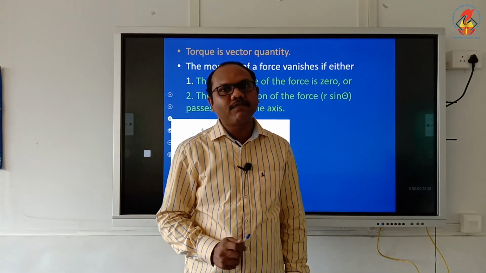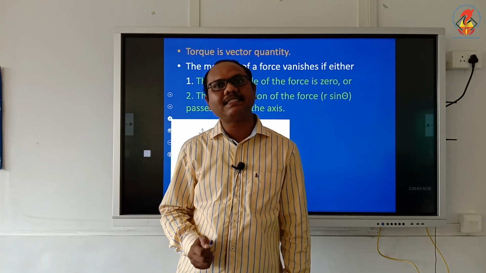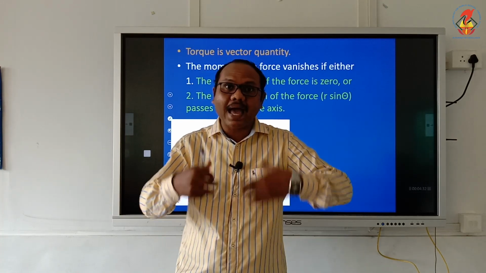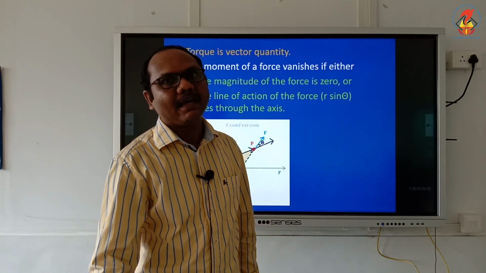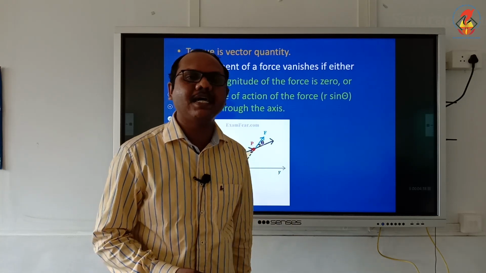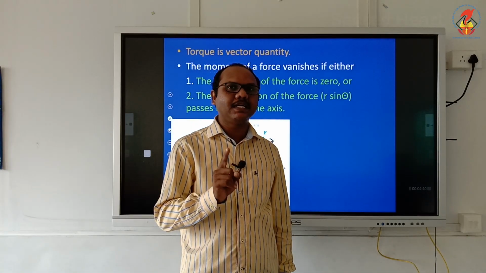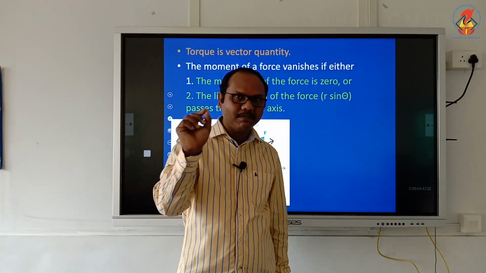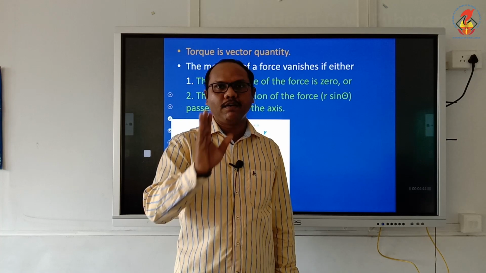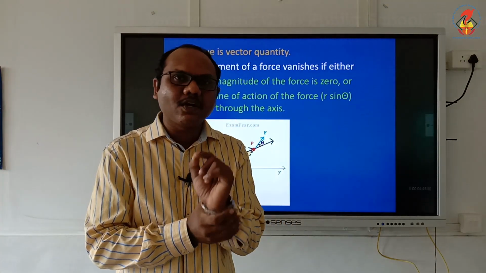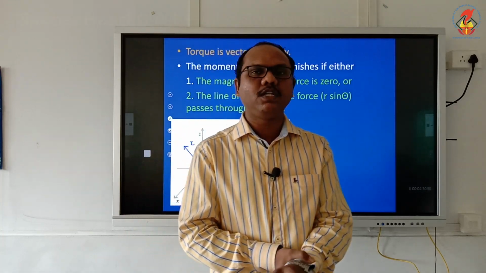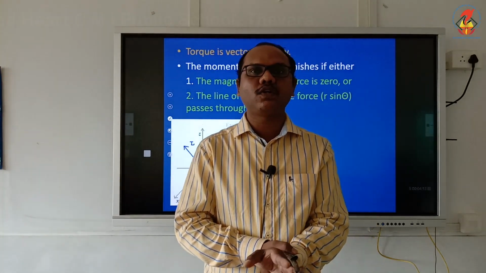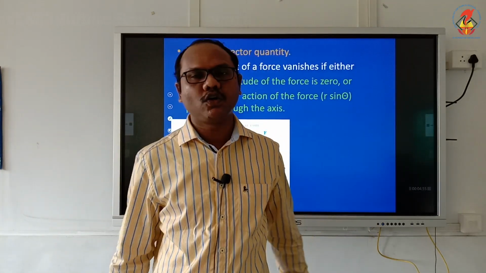That means if the body is rotating in the anti-clockwise direction, torque is considered positive. And if the body is rotating in the clockwise direction, torque is considered negative. Please make a note of that.